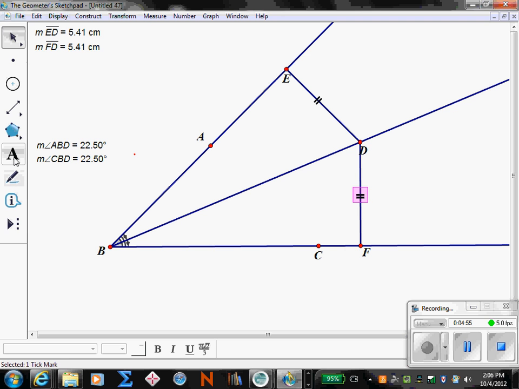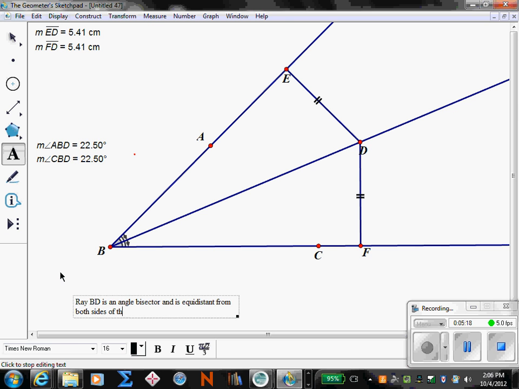Okay, we can write ourselves a little note here that ray BD is an angle bisector and is equidistant from both sides of the angle.